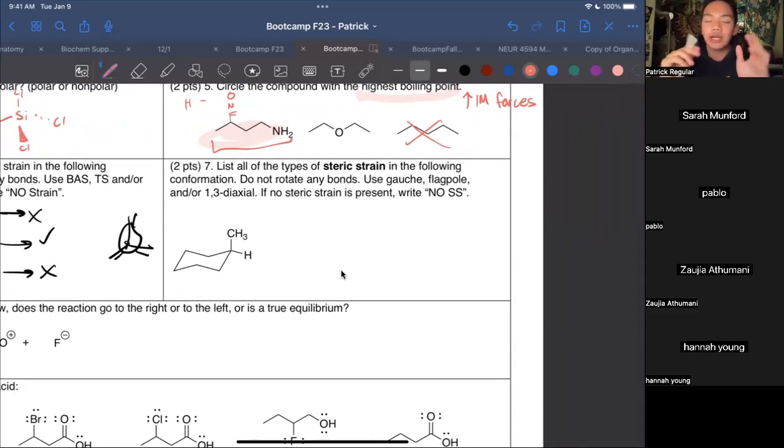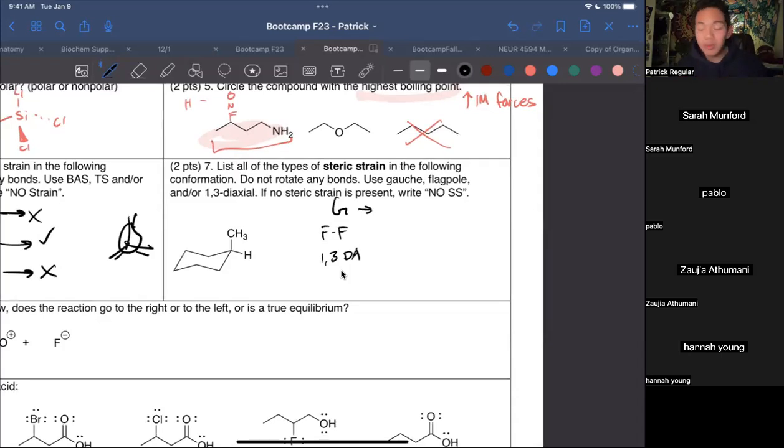So it tells you, ignore your bond angle, ignore your torsional strain. Let's just focus on steric strain. You have the 3 types: gauche, flagpole, and 1,3 diaxial. Gauche, you need 2 methyl groups to be right next to each other and close to each other in that Newman projection.